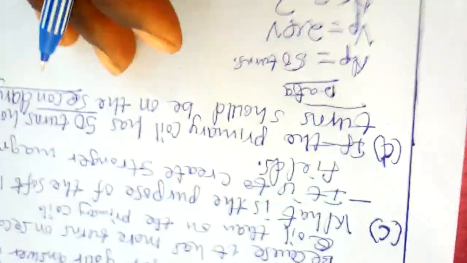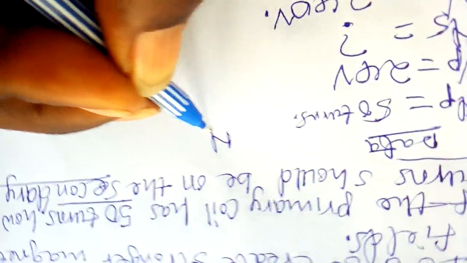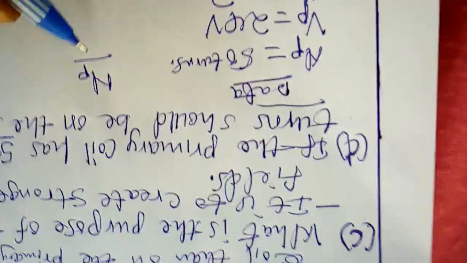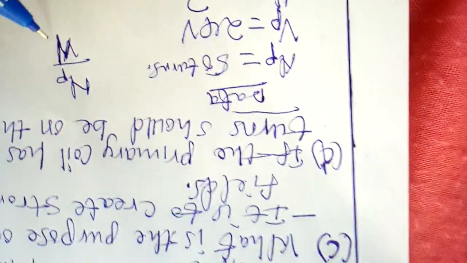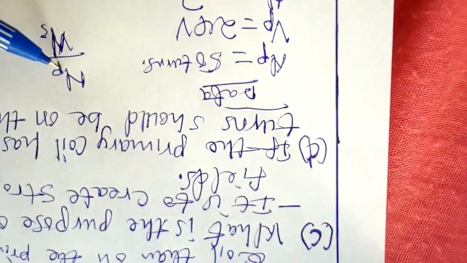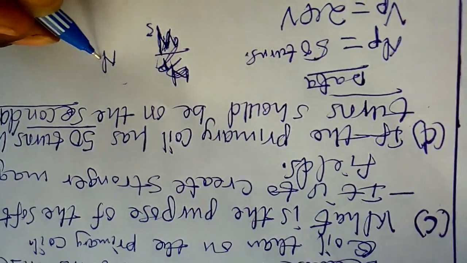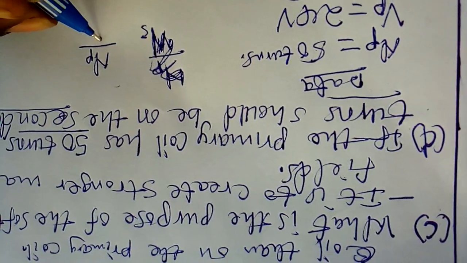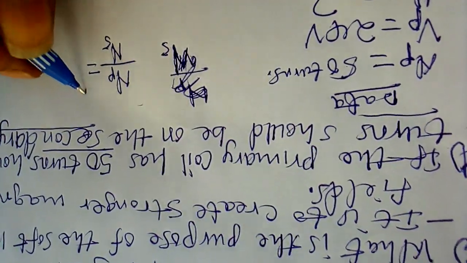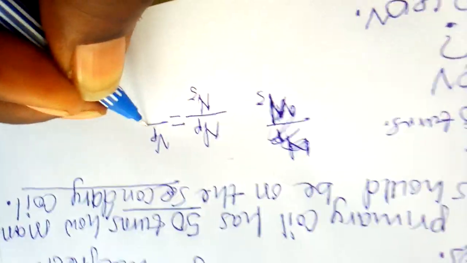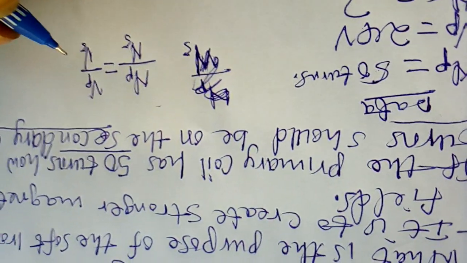Okay, so now let's write the formula. The formula is number of turns in primary over number of turns in secondary is equal to voltage in primary over voltage in secondary.